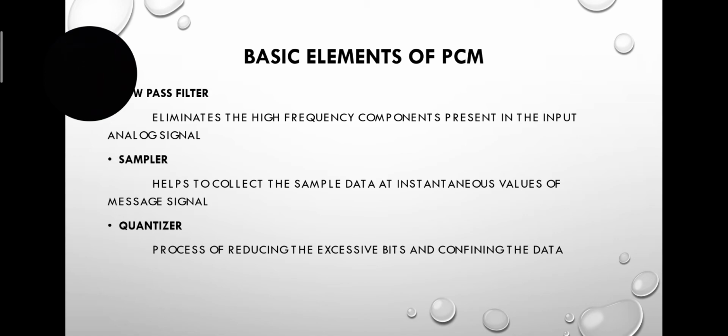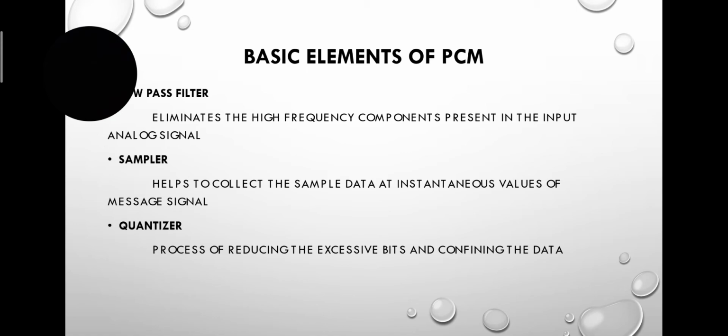Low pass filter. This filter eliminates the high frequency components present in the input signal which are greater than the highest frequency of the message signal, to avoid aliasing of the message signal. Sampler.